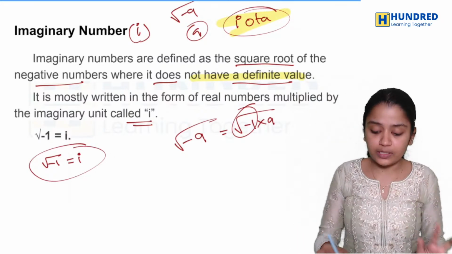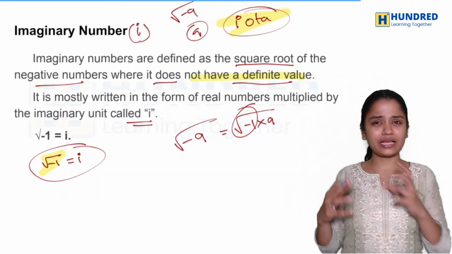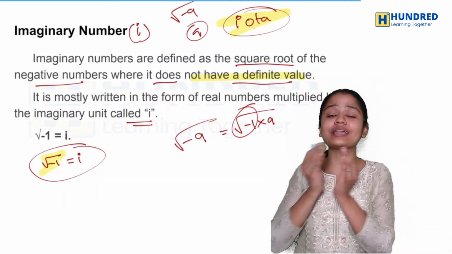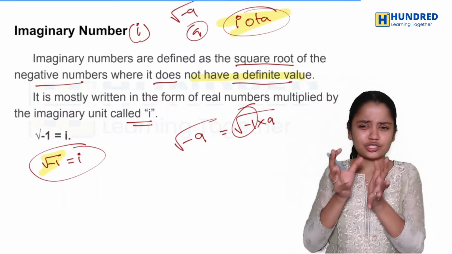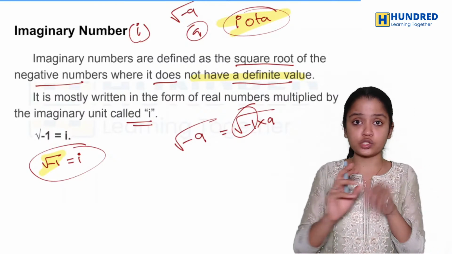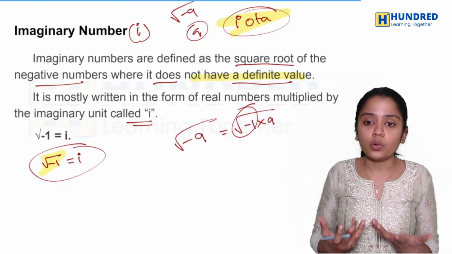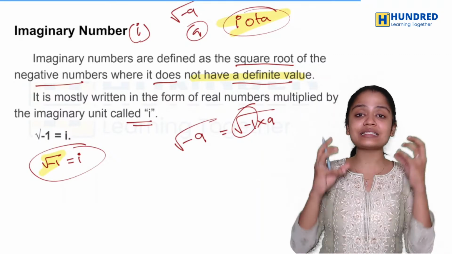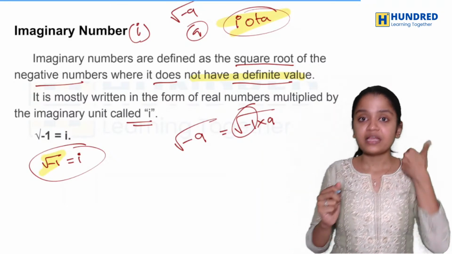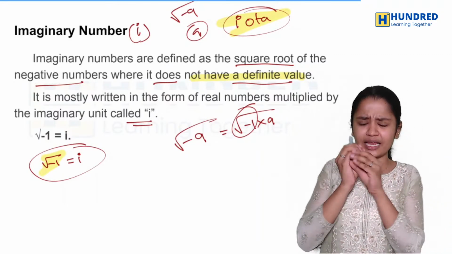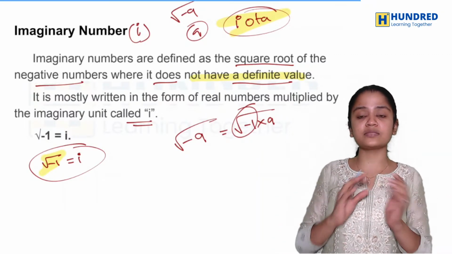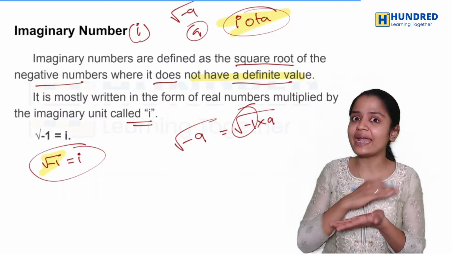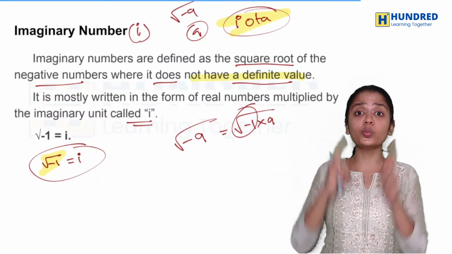Okay, that will be our iota. You don't have a definite value, but you can definitely say it as the root of minus 1, though that value you won't be able to find, right? So the root of minus 1 is defined as iota.